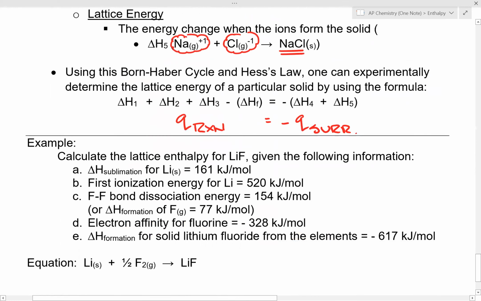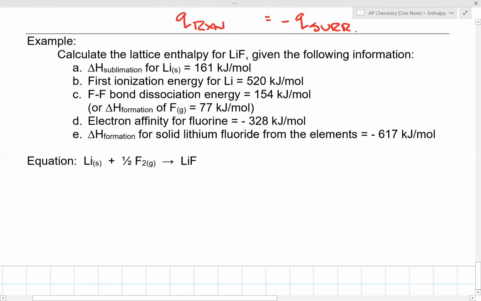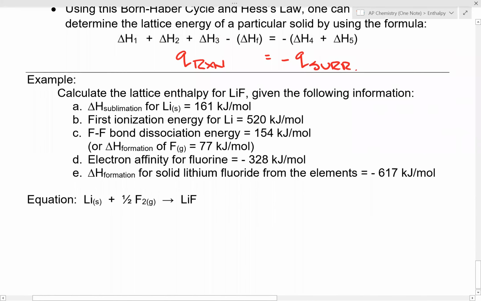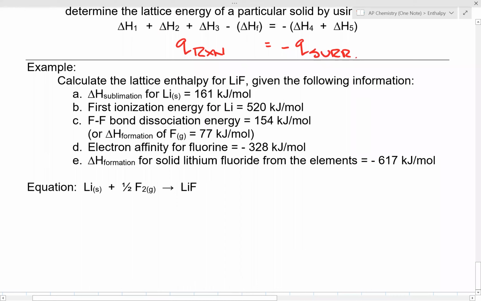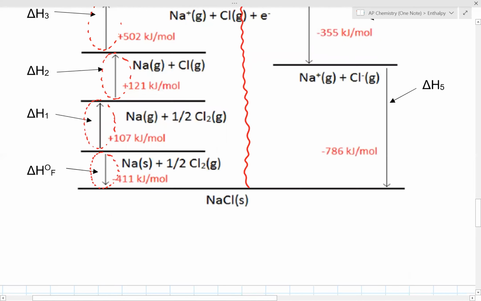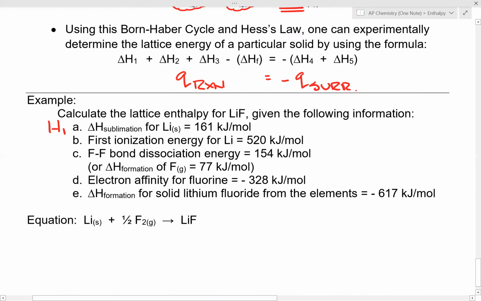All right? So, say for a typical example here, it says calculate the lattice enthalpy for LiF given the following information. So what we do is, in this case, H sublimation, this would be H1. Now, first ionization energy would be H3.